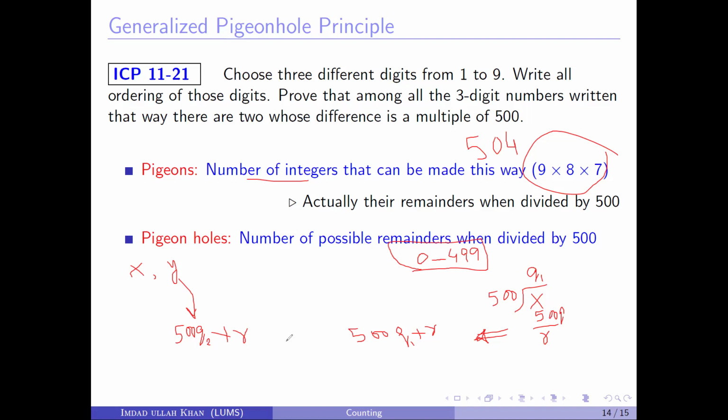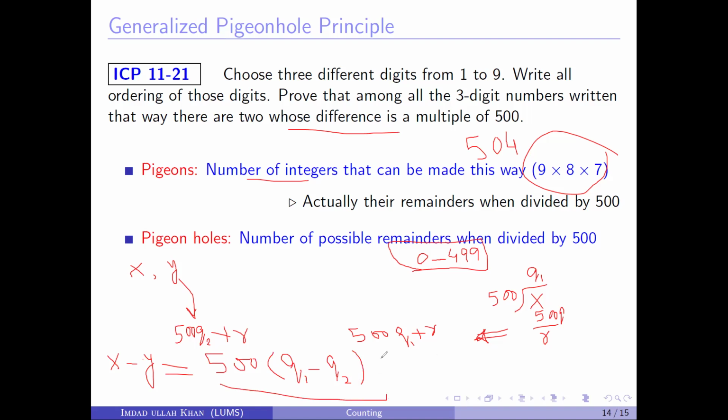So what we do is that we try to subtract y from x, because we are interested in the difference. So when we say x minus y, it gives us 500 times q1 minus q2, and r gets cancelled.